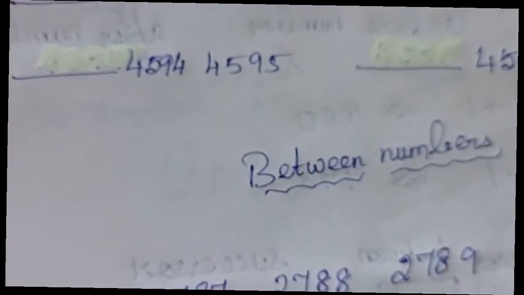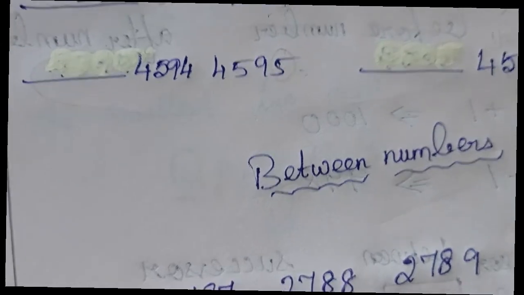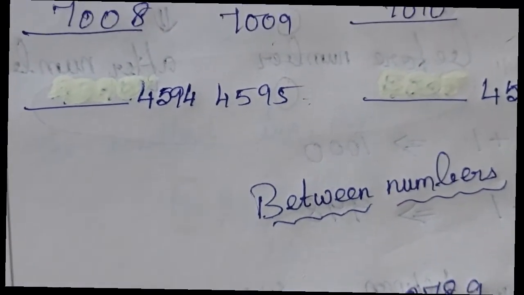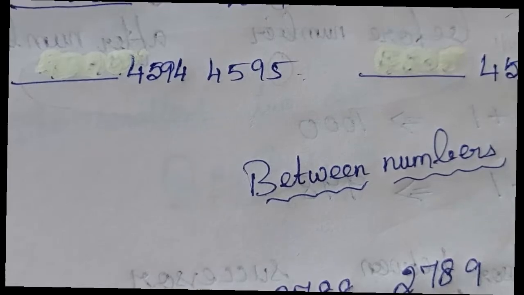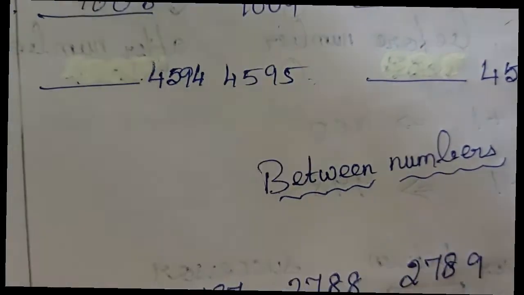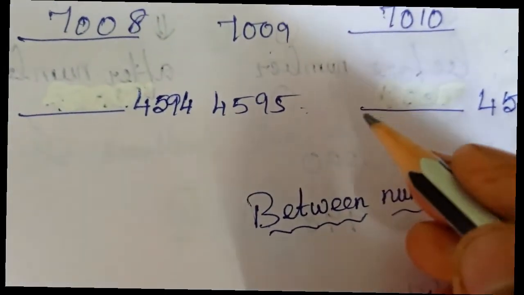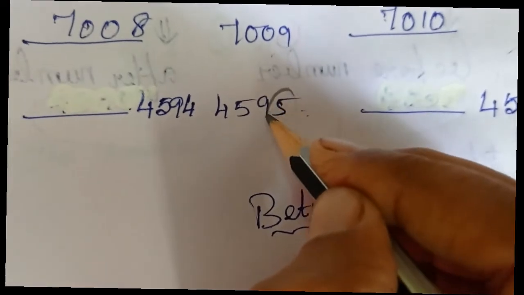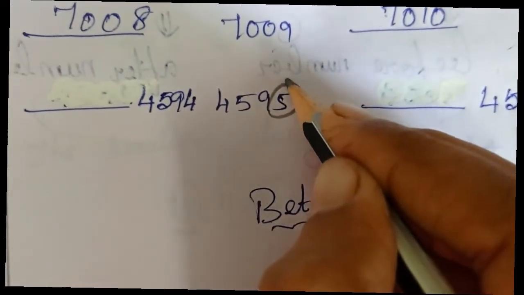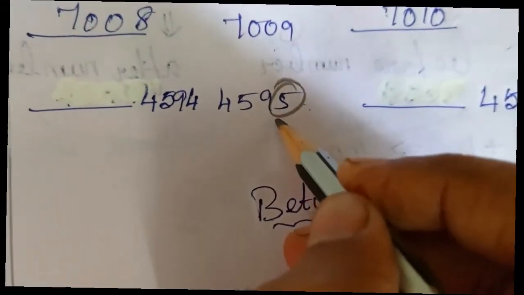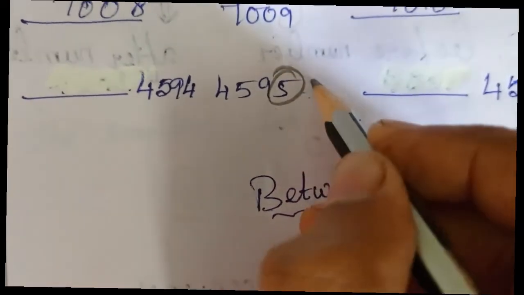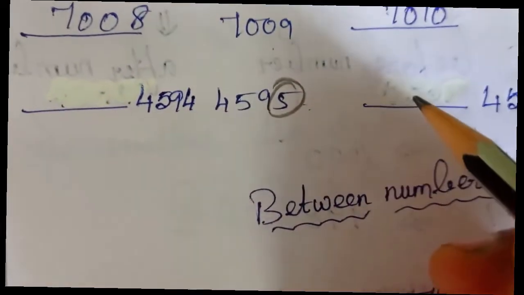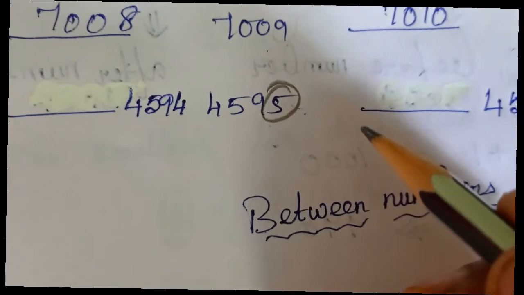4594. So children, if you want to find the successor or predecessor of a number, you can just add 1 to the ones place value or subtract 1 from the ones place value of the given number.